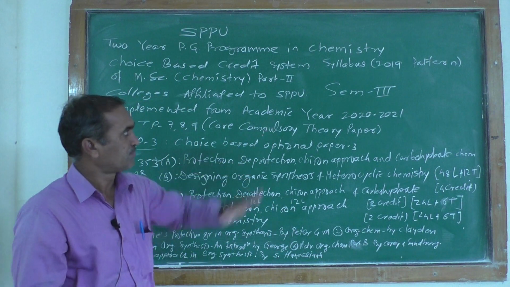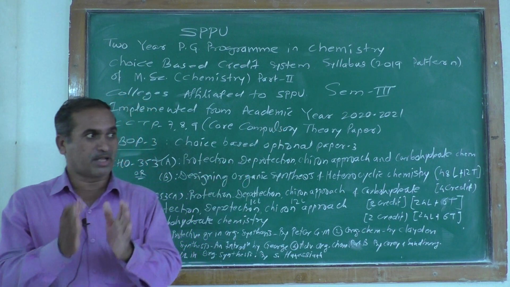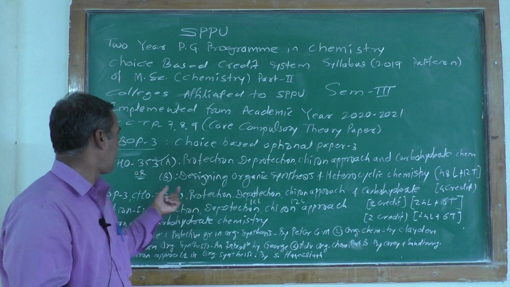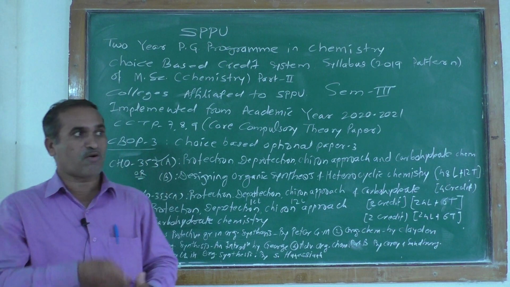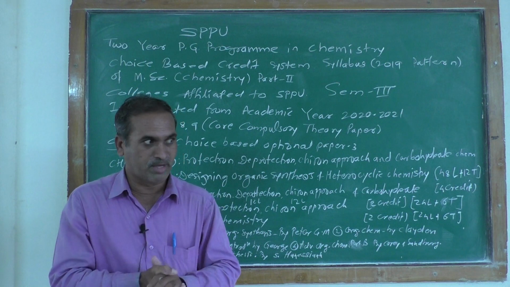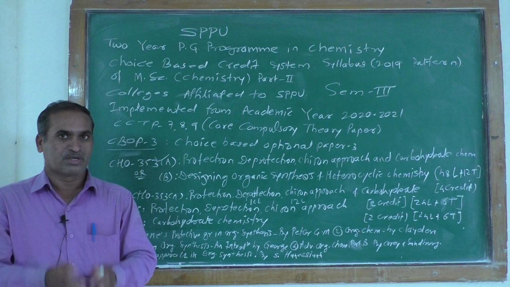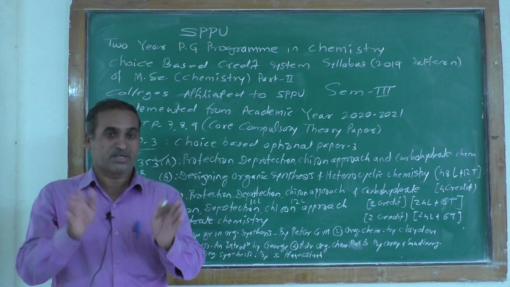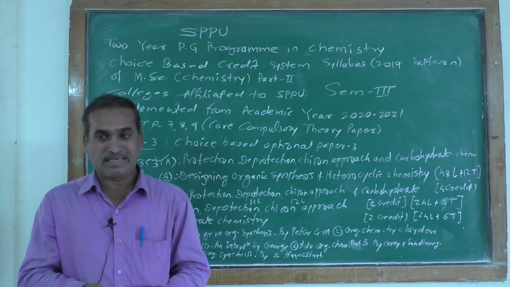This includes 353, a choice based optional paper, semester 3, and these are the reference books. So we are talking about the nature of your exam pattern.